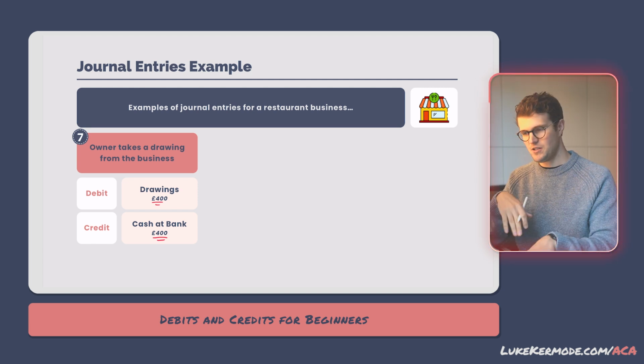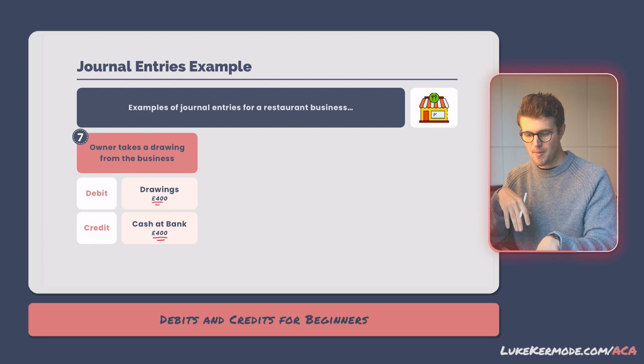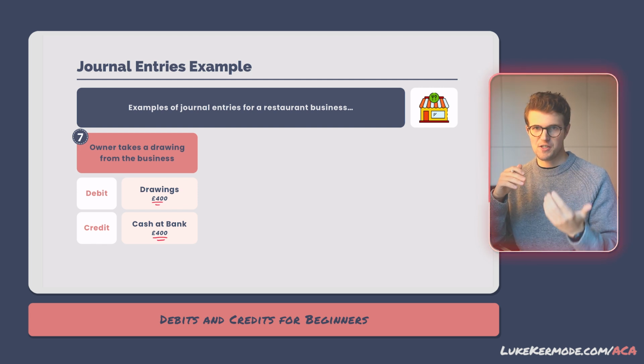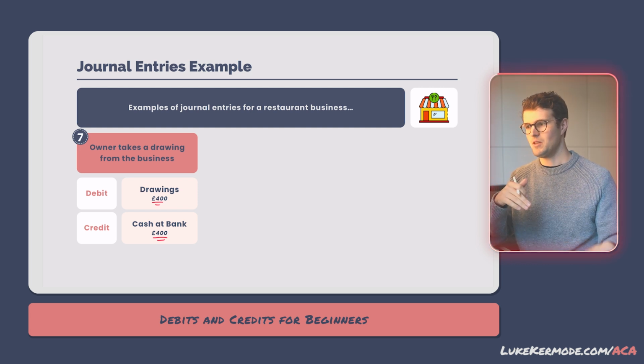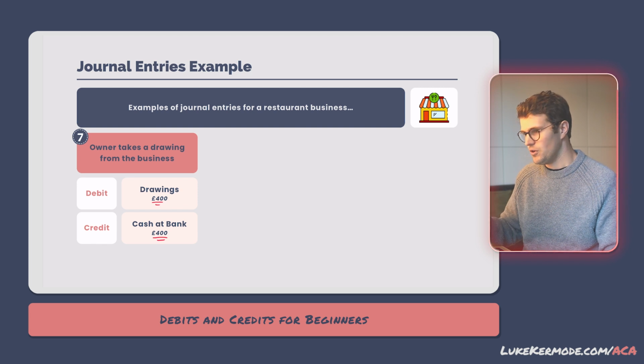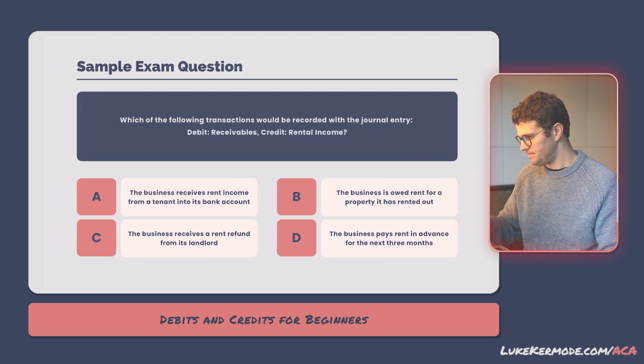Every journal entry needs to include a debit, a credit, and a clear explanation of what the transaction is to ensure the double entry system, the accounting system that the business uses, is always in balance, and that the financial records are accurate and transparent.